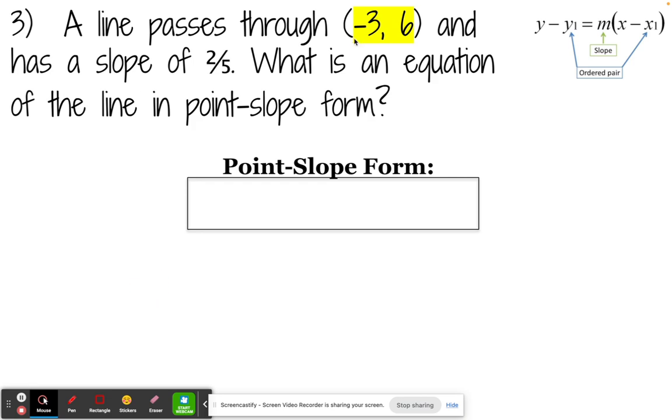Okay, now I have a line that passes through this point and has a slope of 2/5. Here's my x1, and here's my y1.